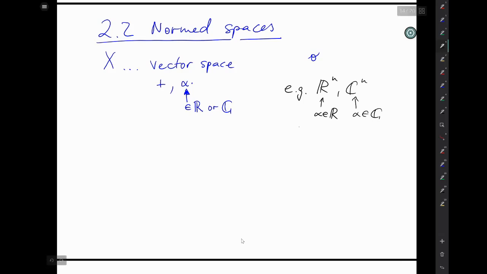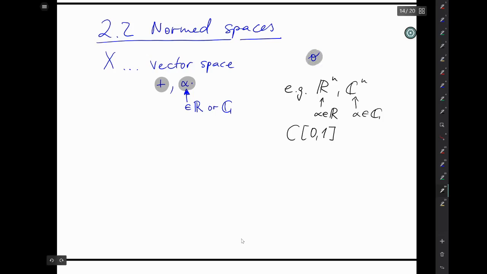maybe the set of all continuous functions on the interval 0 to 1. We saw them in the very first lecture. What do you have to check? Well, you have to check whether or not the sum of two continuous functions is again a continuous function, but analysis says so, yes. And you have to check whether 3 times or another multiple times a continuous function is still a continuous function, and yes, that's true.